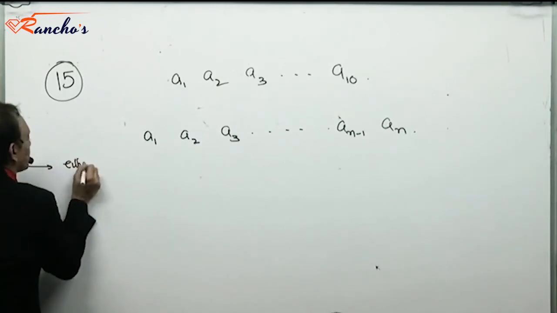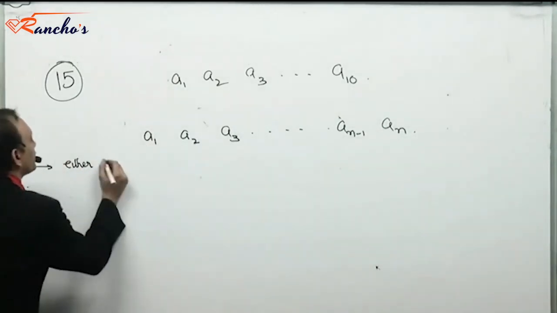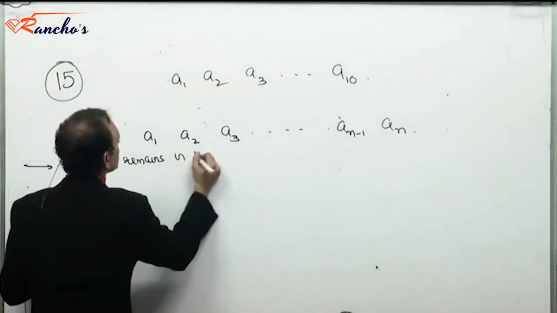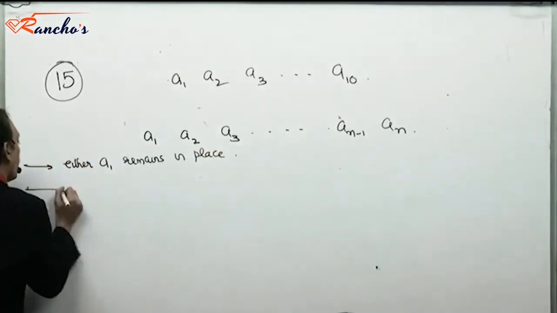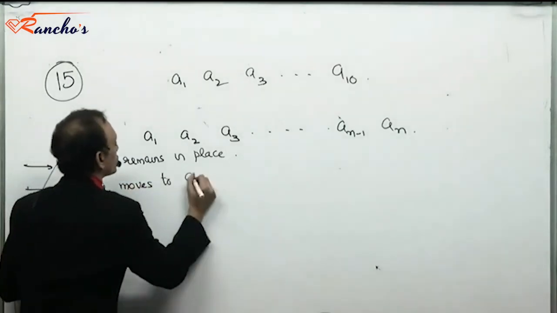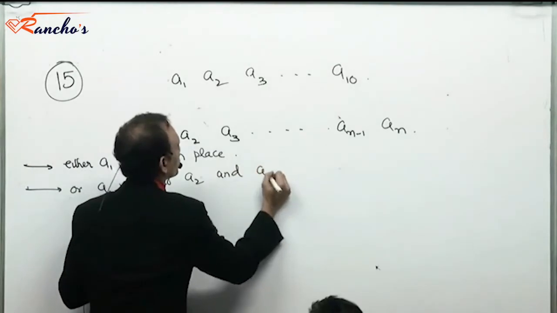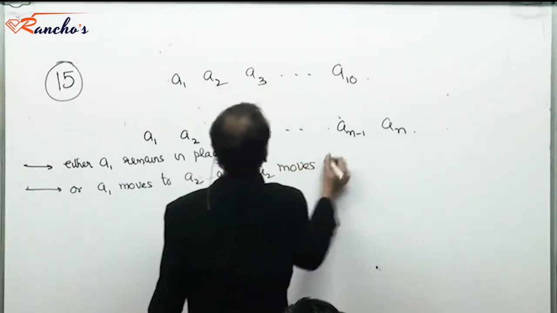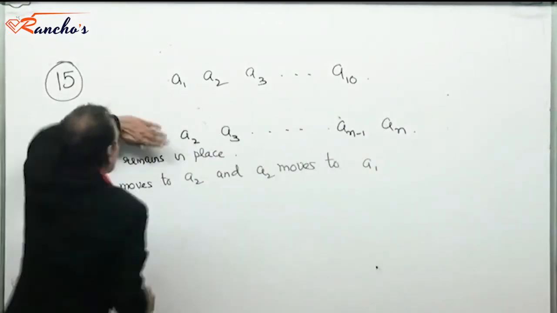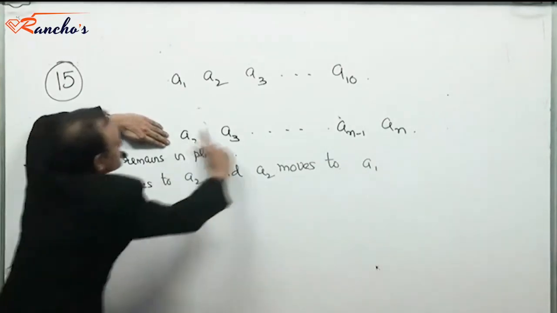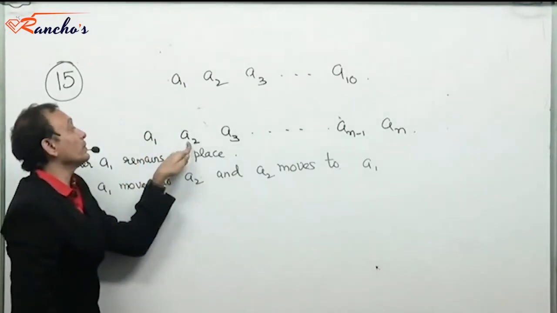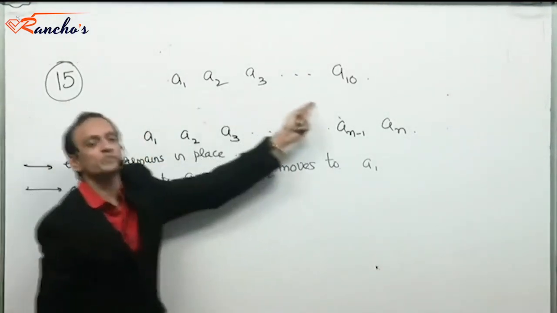In any arrangement of this, either A1 remains in place, or A1 moves to A2's position and A2 moves to A1's. In any rearrangement of this, either A1 is in place and the rest are arranged commensurate with the original condition, or A1 and A2 swap, and the rest could be arranged in any number of ways.